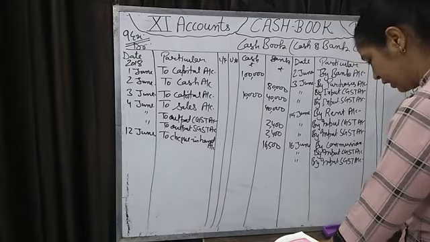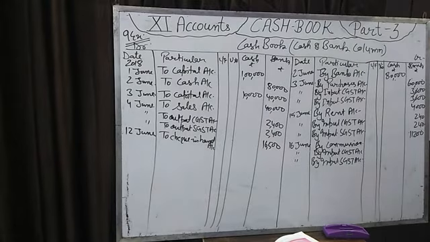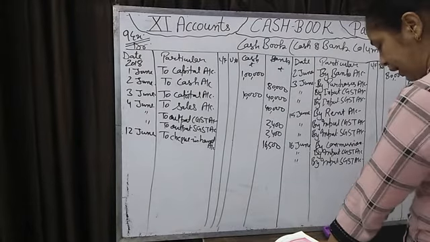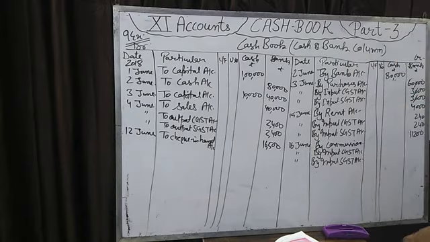See students, what is written here: paid commission by check including CGST and SGST, 11,200. 11,200 is not the amount of commission.